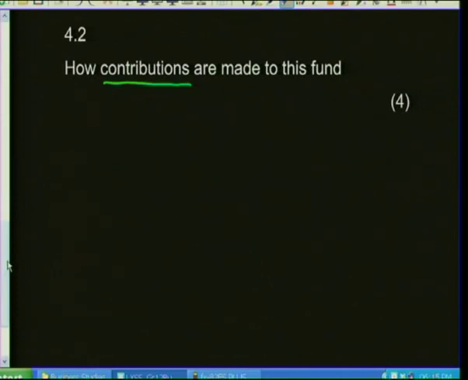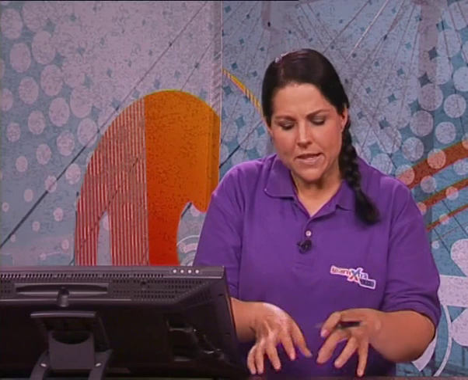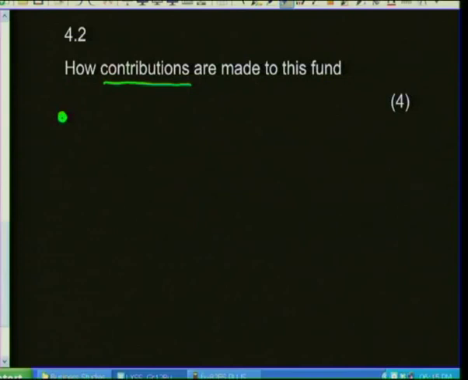Now, there's a 2% contribution that happens. And how is this 2% contributed? The employer contributes 1% and the employee contributes 1% of the total of their salary. So let's have a look. I'm going to make a quick note for you guys here.